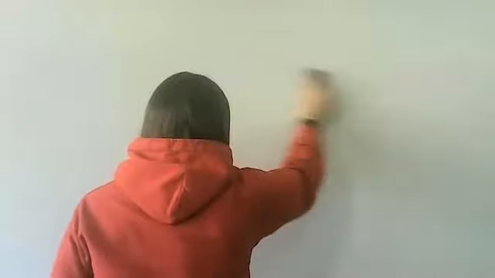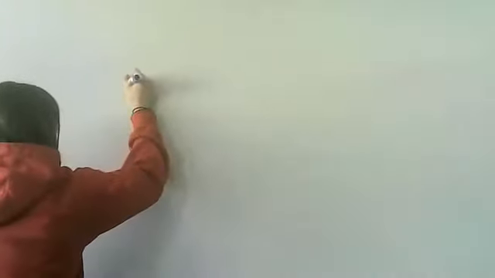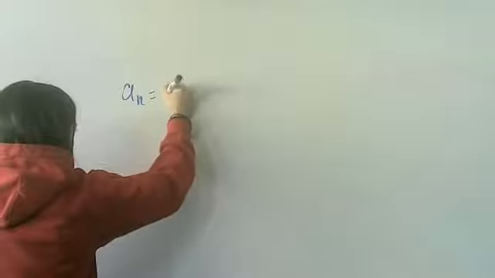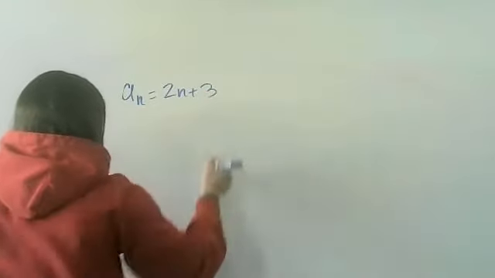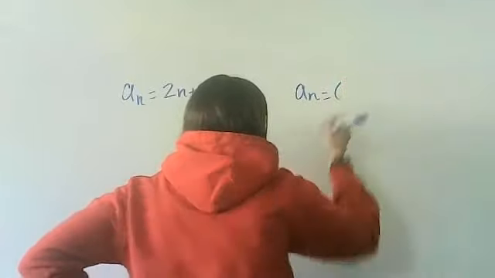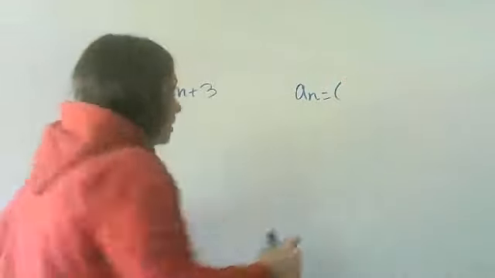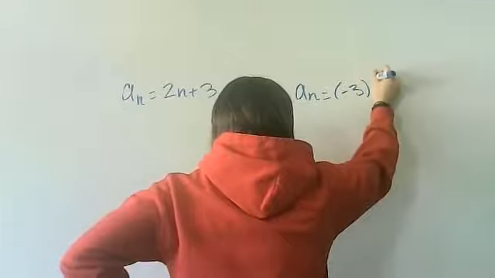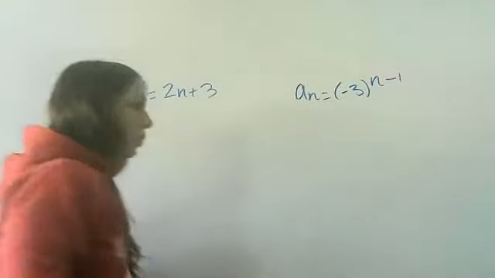These rules will vary. I'm going to show you what one is before we write this ourselves, so we're going to go backwards here. I'm going to tell you 2 rules of sequences. The first rule is a sub n equals 2n plus 3. The second one is a sub n equals -3 to the n minus 1.